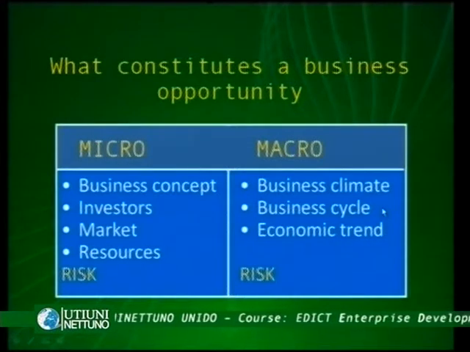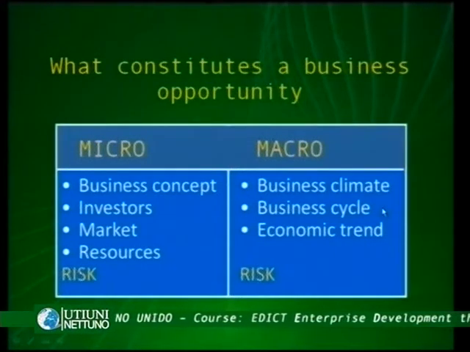Again, if we operate in a specific industry or sector, or a niche, we are exposed to business cycle. So as we'll see, our products and services could start up, grow, pass through a maturity phase, and then decline. It's very important to assess this macro trend.